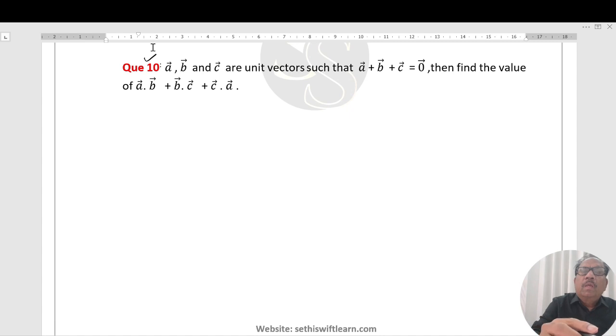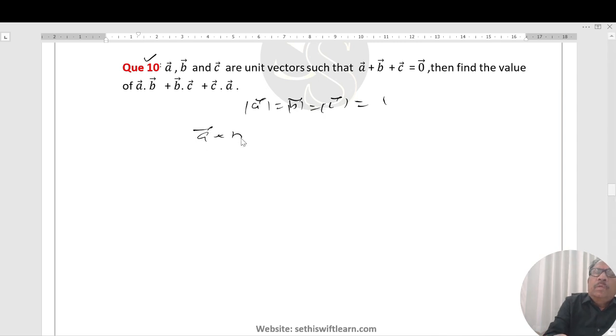Question is, vectors A, B, C are unit vectors. That is, magnitude A equal to magnitude B equal to magnitude C equal to 1, such that A plus B plus C equal to 0, null vector.